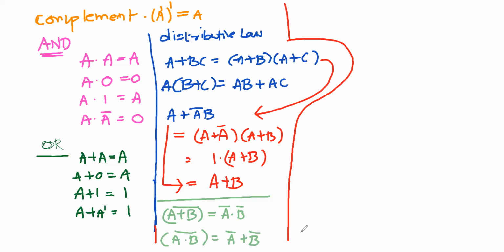And the associative law: A dot B dot C is equal to, let me write here, the associative law.